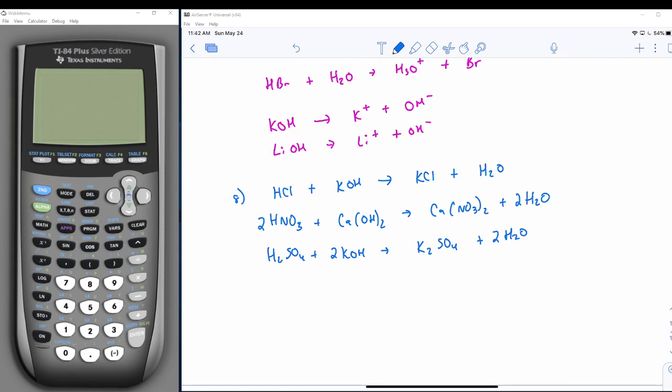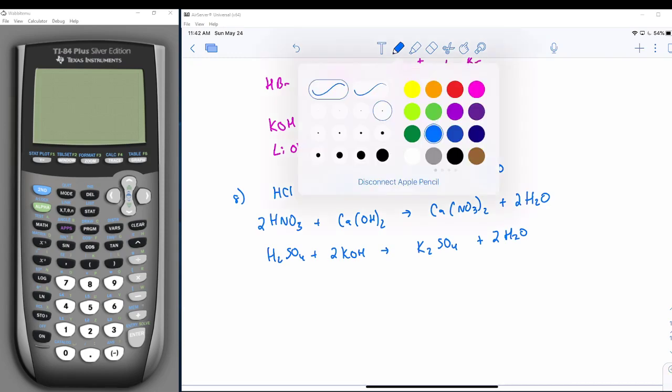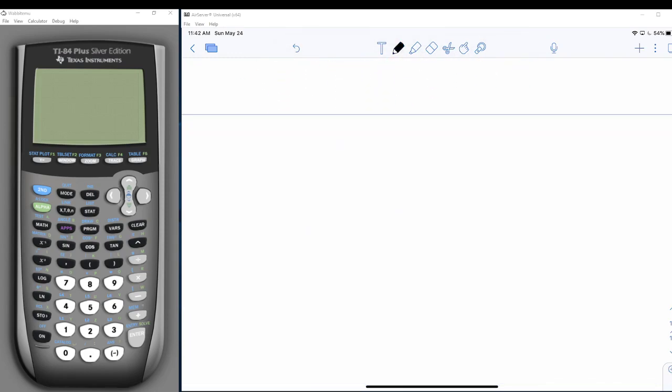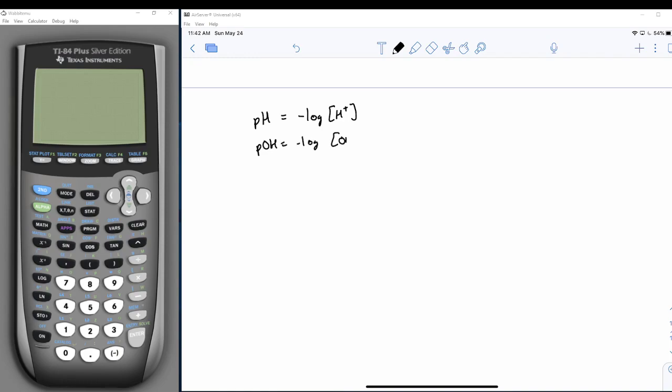With the calculations, you really want to focus on a couple of things. You want to focus on the concept that pH equals negative log of your H plus concentration, which conversely also means pOH is equal to negative log of OH minus concentration.